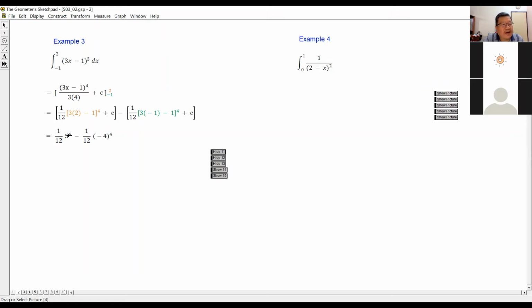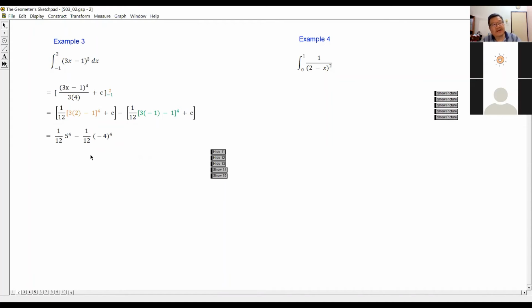So it is 5 raised to the power of 4. Now the second bracket, 3 times negative 1 is negative 3. Negative 3 minus 1 is negative 4. Then the whole thing raised to the power of 4.